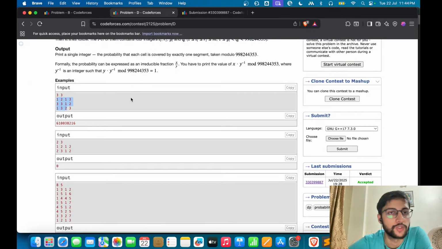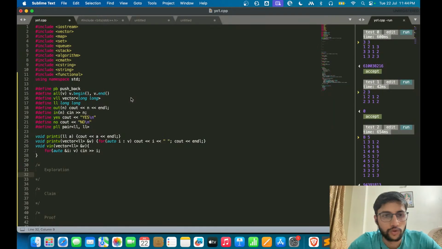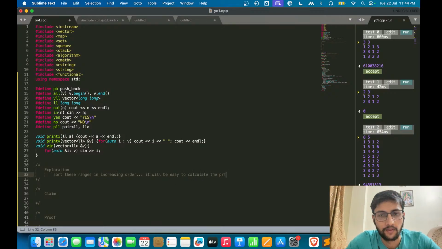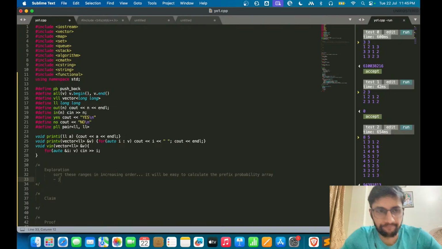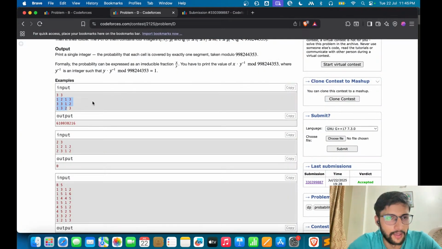If you sort these ranges in increasing order, it will be easy to calculate the prefix probability array, and this is pretty simple. So let me first solve this example.